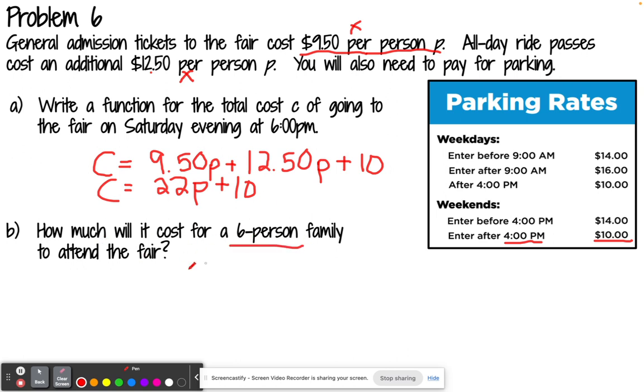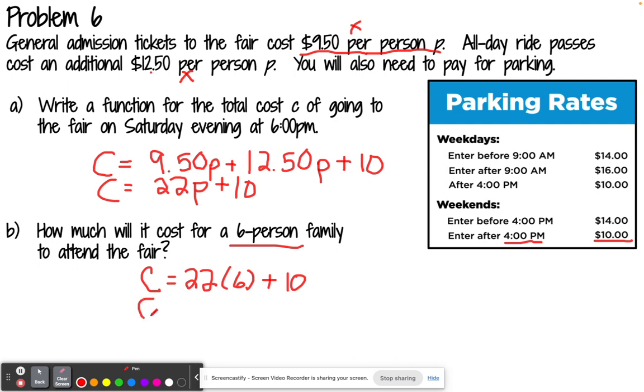So, if you're bringing 6 people in, my cost is going to be $22 per person. So, $22 times 6. Plus, I'm assuming we're talking in this situation on a Saturday after 6 p.m., so it's still going to be $10 for parking.